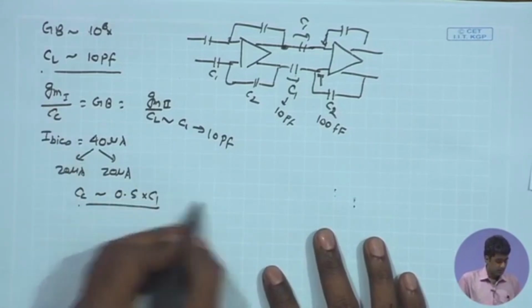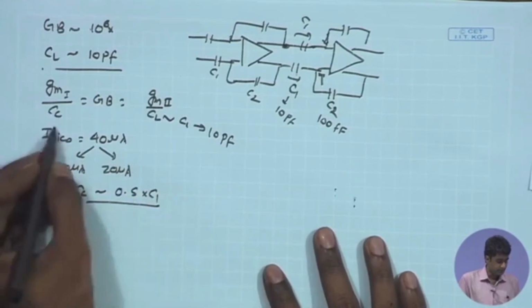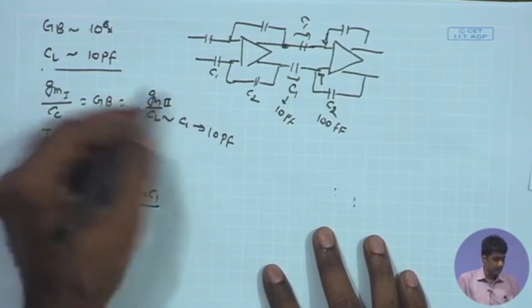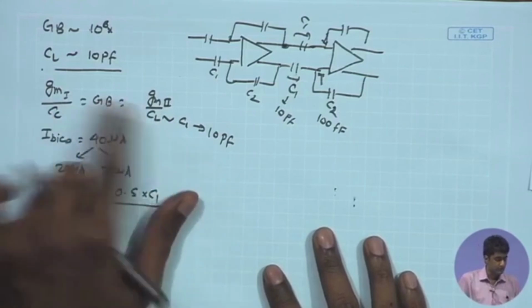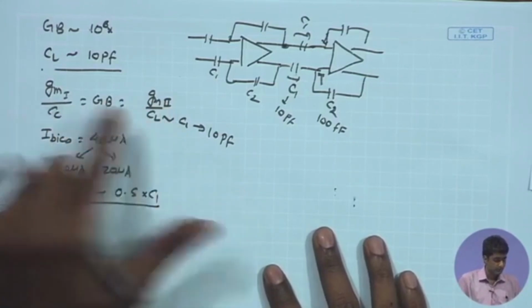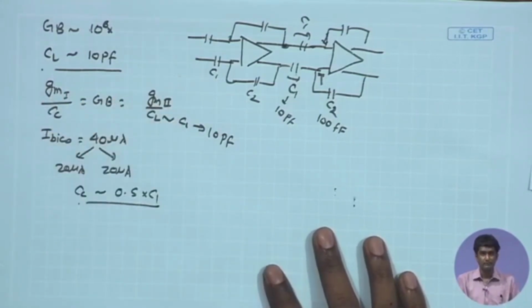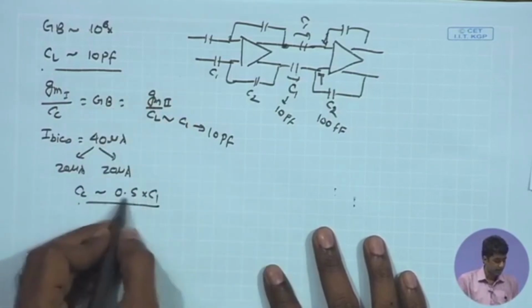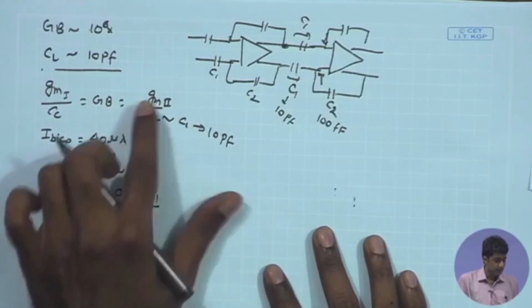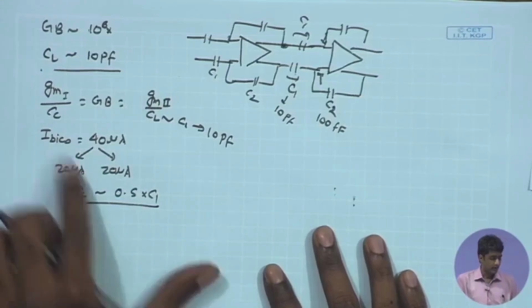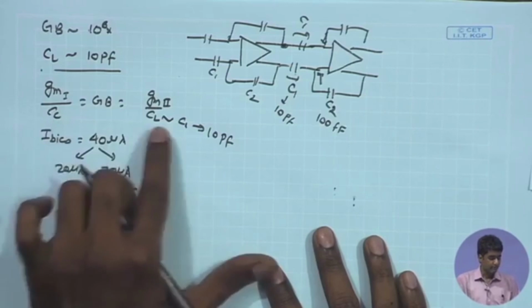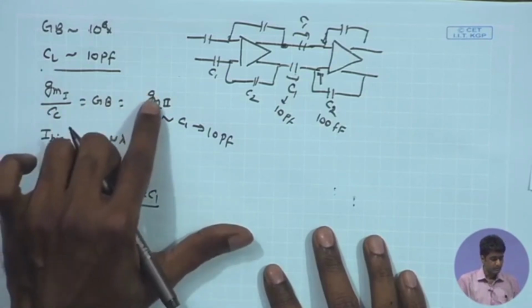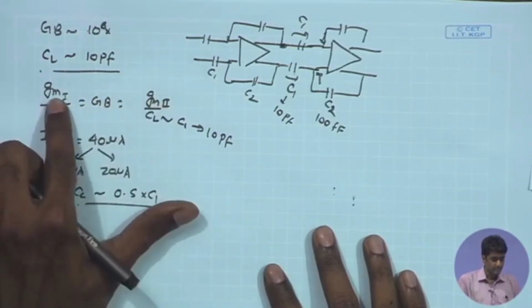and as a result I have CC value determined, and then I have the GM1 GM2 ratios individually determined, and also the individual values of GM1 and GM2 can be determined from this equation. So, once I have determined the C1 10 picofarad, and I also have the ratio C1 and CC, I have basically the value of GM2 as well as GM1 known.